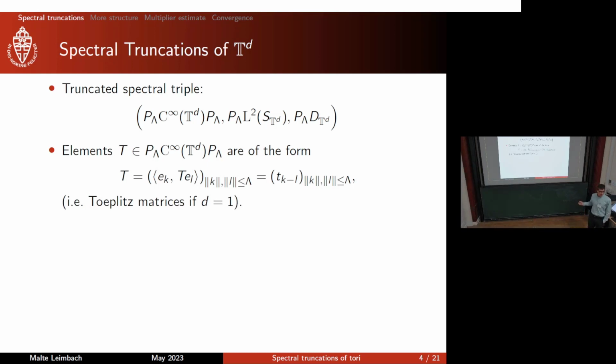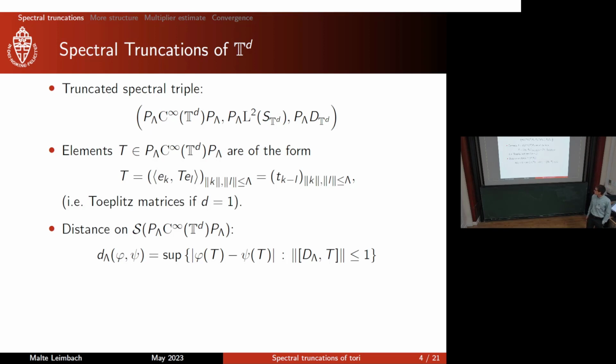We saw this morning that in the one-dimensional case, we actually just get Toeplitz matrices. And in our situation, you can think of this as Toeplitz matrices as well somehow, but you have multi-indices. This is just what elements of this operator system look like. We also have the distance formula on the state space of this operator system.